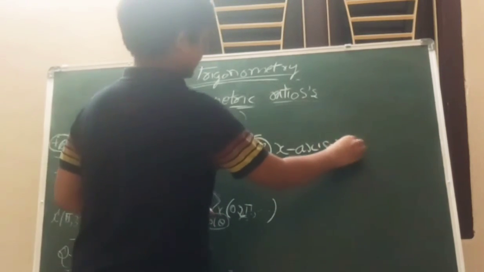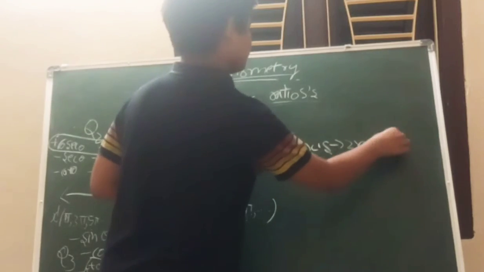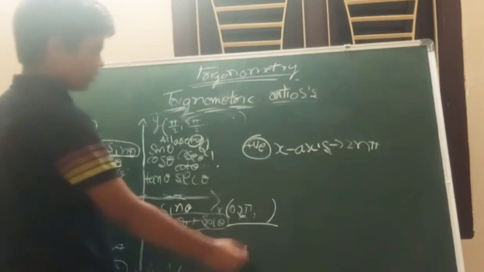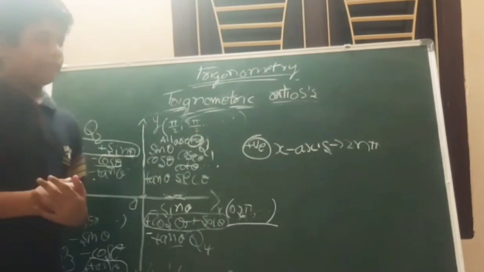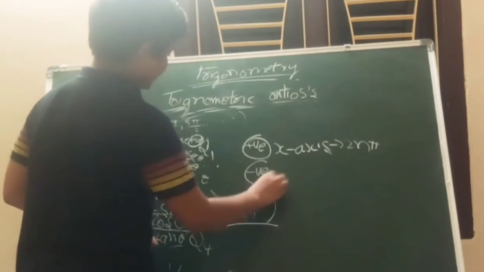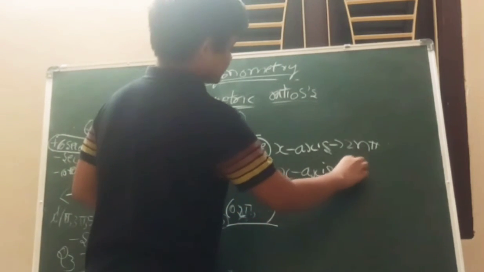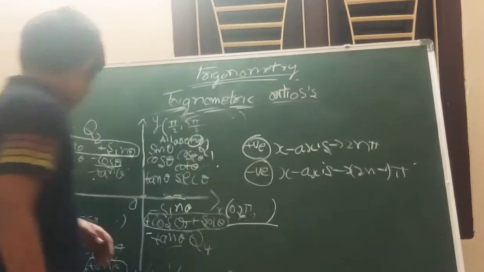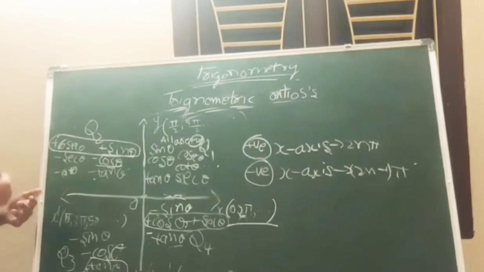Because all the values are even, the general form of the positive x-axis is 2n pi, and the general form of the negative x-axis is (2n minus 1) pi, because on the negative x-axis all the values are odd.